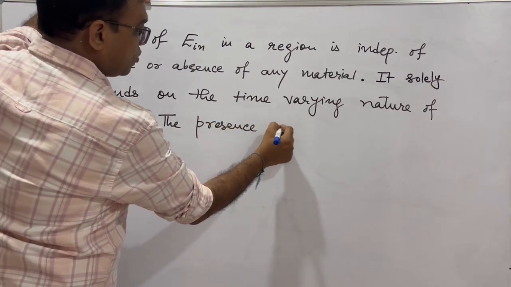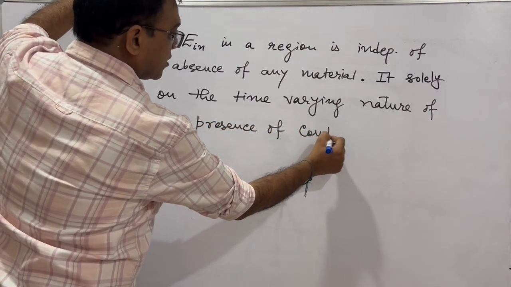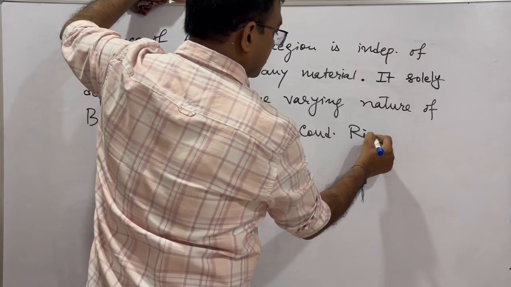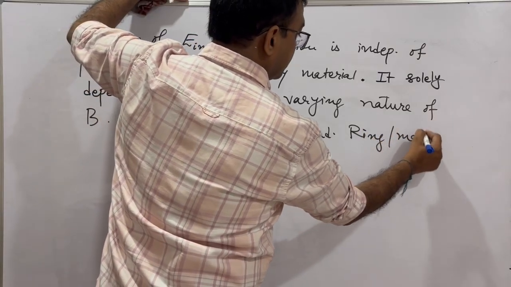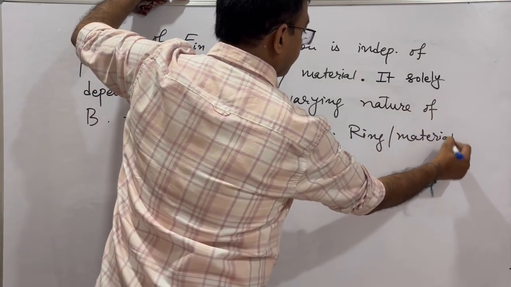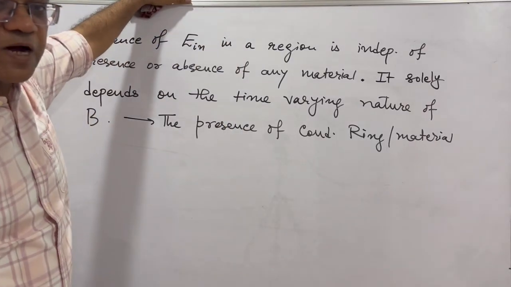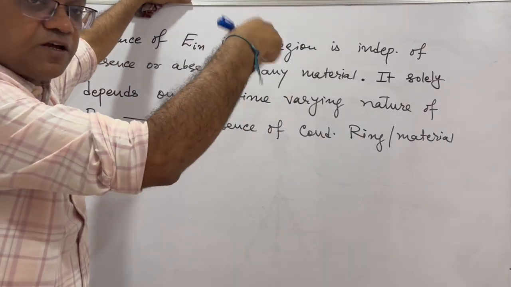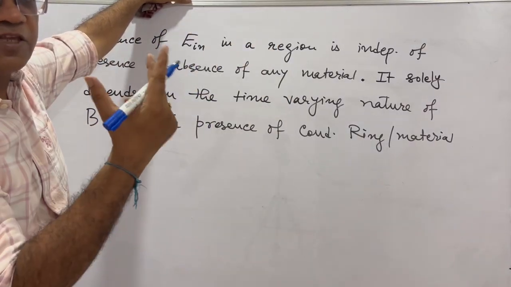The presence of a conducting ring or conducting material. In the first part, we have taken the conducting ring attached with the galvanometer. Why then?